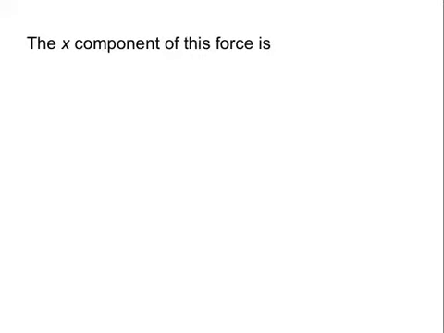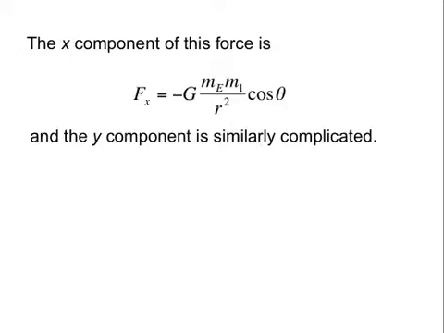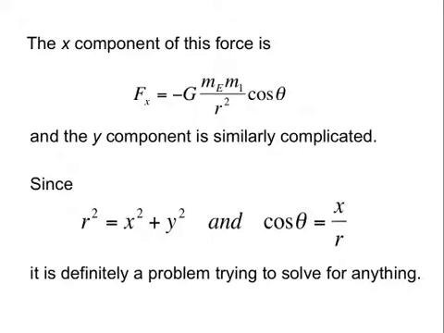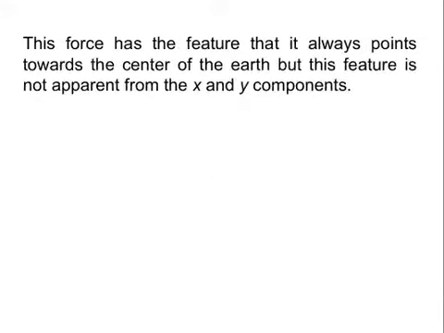The x component of this force is F_x = -G m_e m_1 over r squared times the cosine of theta. And the y component is similarly complicated. Since r squared is x squared plus y squared, and the cosine of theta is x over r, it is definitely a problem trying to solve for anything.